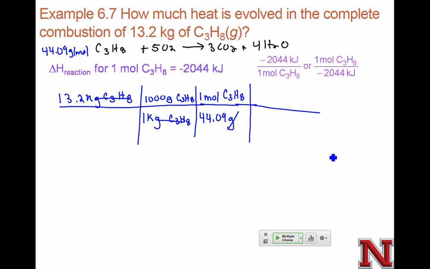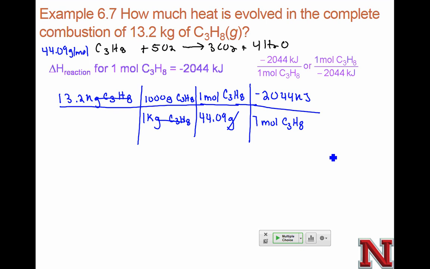Now we can figure out how much heat is actually given off for that amount. So again, this is a relationship for every 1 mole of C3H8, which that 1 is dependent on the stoichiometry of our equation. We form negative 2,044 kilojoules of heat, or we form 2,044 kilojoules of heat.